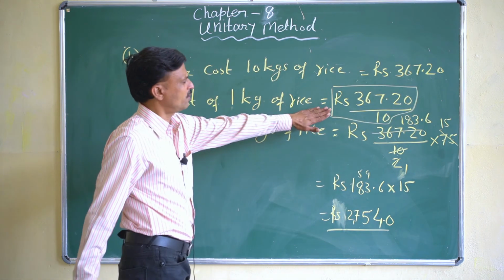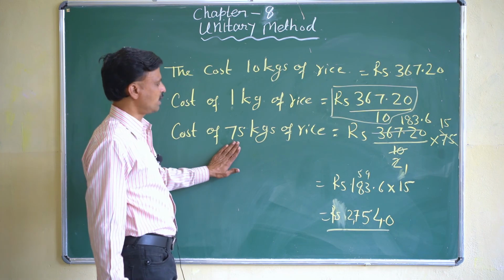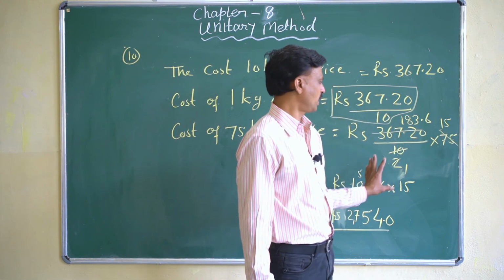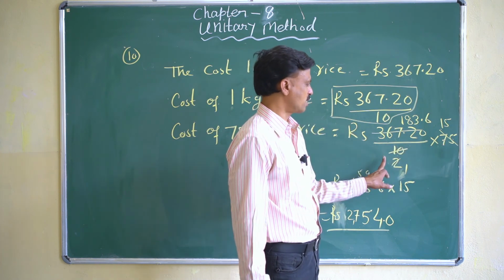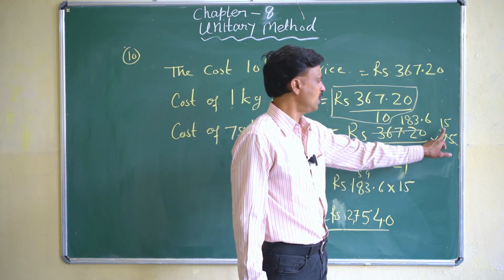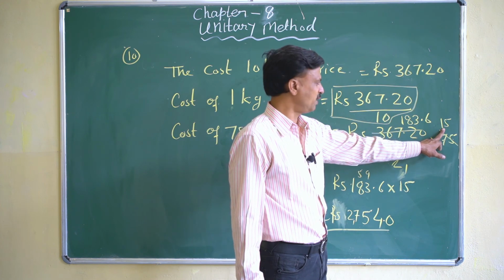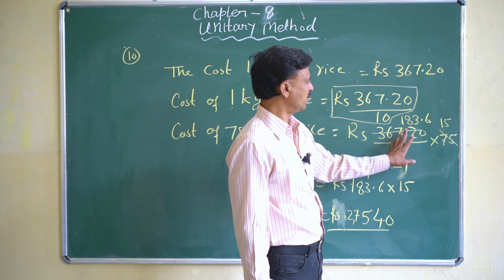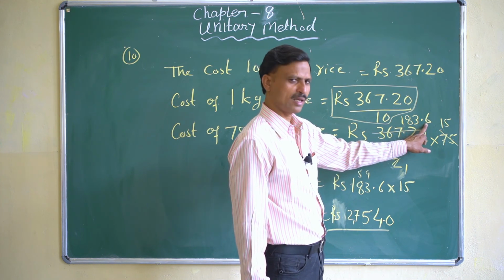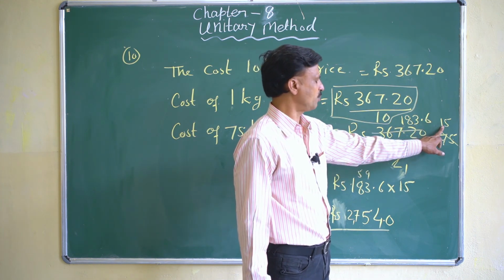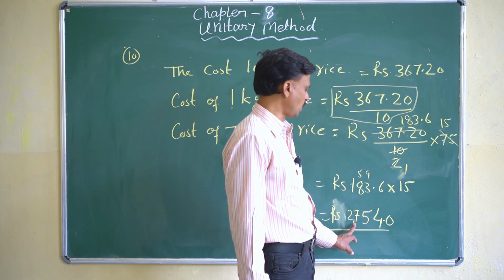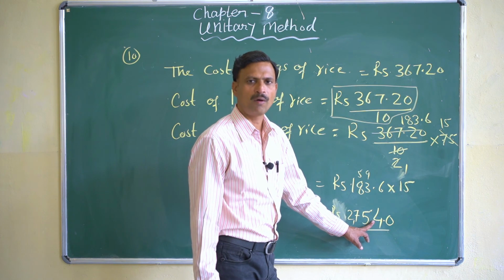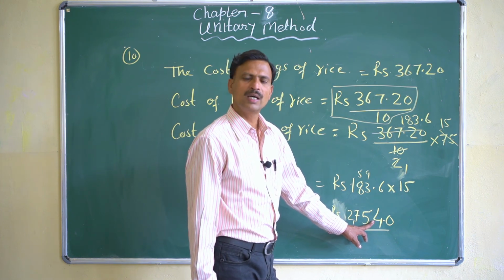Then this is the cost of 1 kg of rice, and we are finding for 75, so this value is multiplied by 75. Then we calculate. This is the numerator, this is the denominator, both are cancelled by 5. So we are getting 15 here because 5 fifteens are 75, and 5 twos are 10. Then we divide by 2, so we are getting 183.6. 183.6 is multiplied by 15, so we are getting 2754 rupees, and this is the cost of 75 kg of rice.